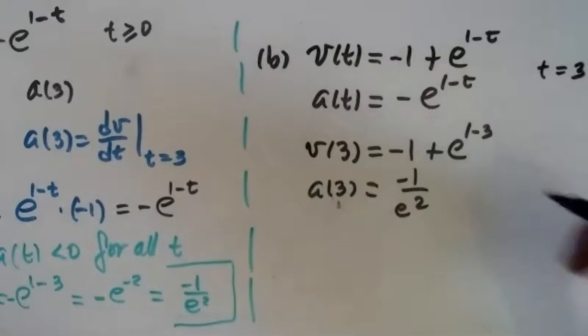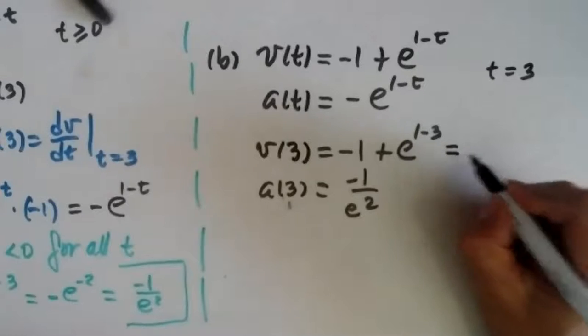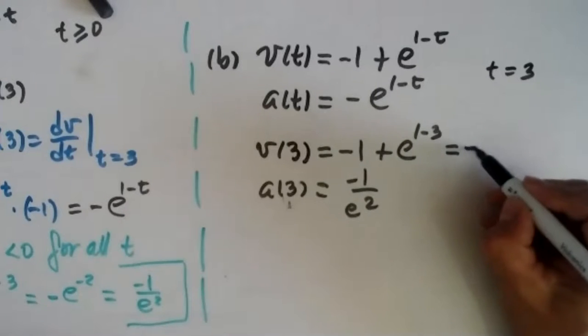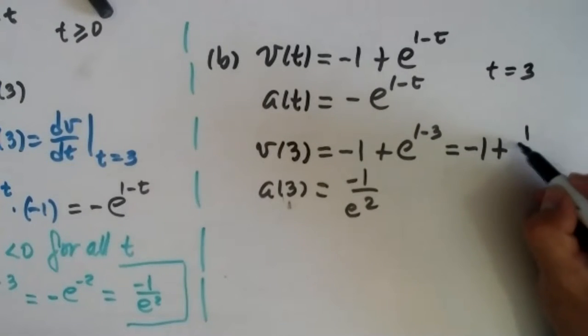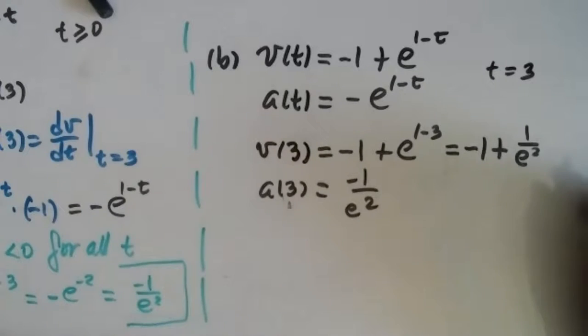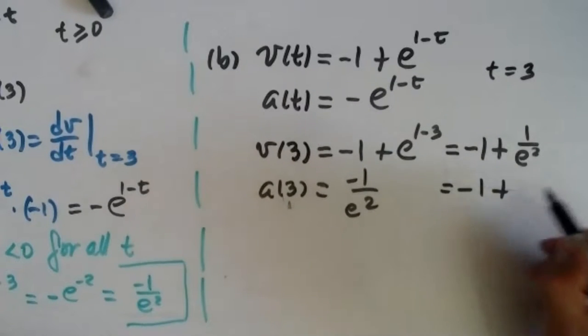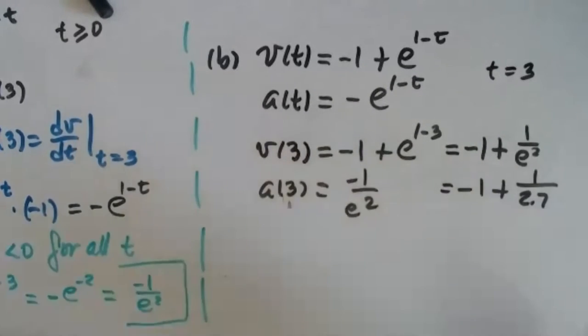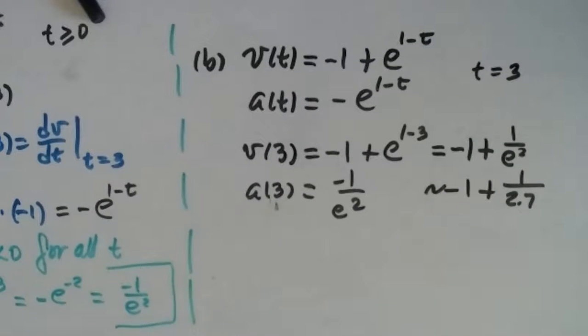Let's just recall this one, algebra 2 or precalculus. Negative 1 plus 1 over e squared, because it's negative 2. Now, this is negative 1 plus 1 over 2.7 squared, approximately, correct? What do you think, positive or negative? Watch out.